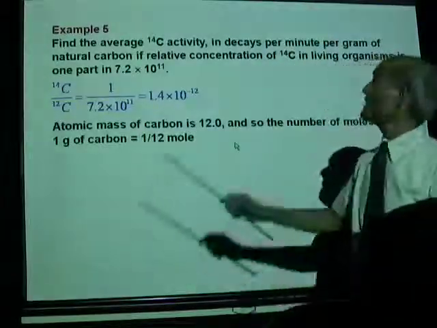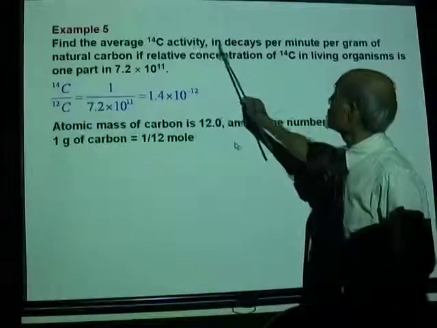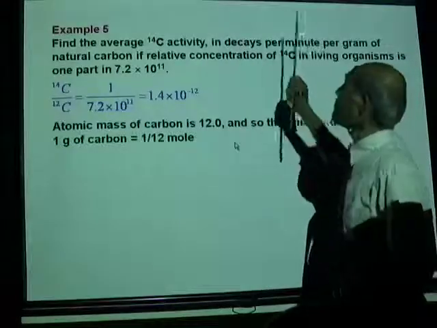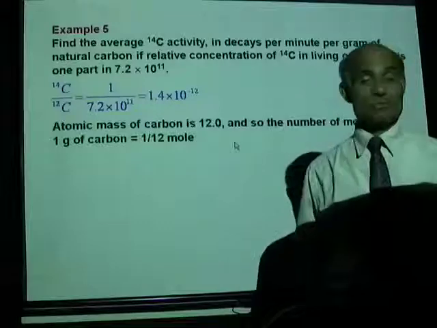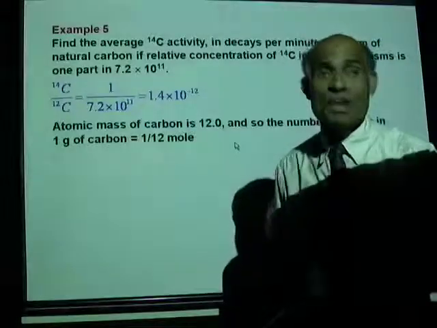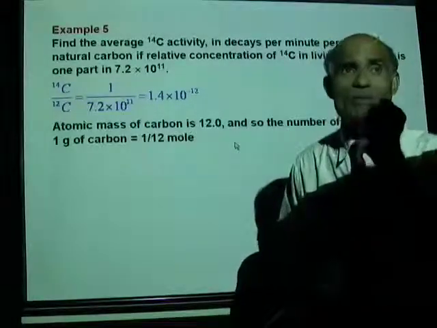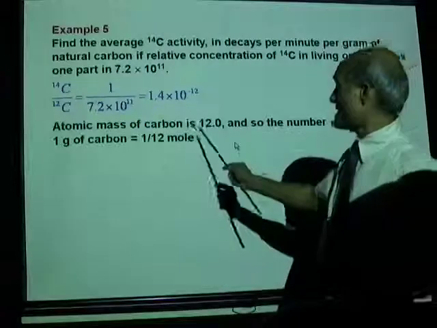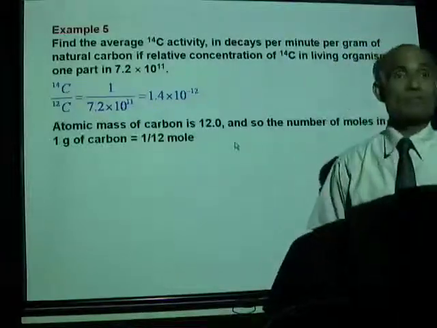Now, we need to find the activity in decays per minute per gram of natural carbon. So we need to deal with that 1 gram of carbon. Atomic mass of carbon is 12.